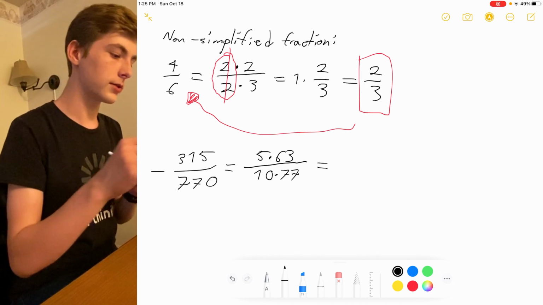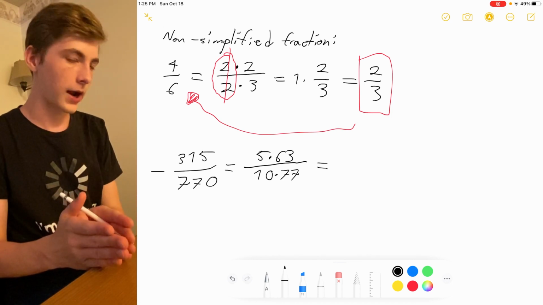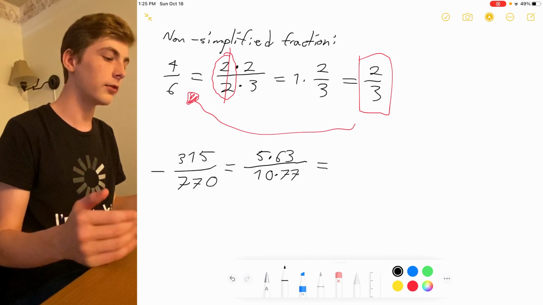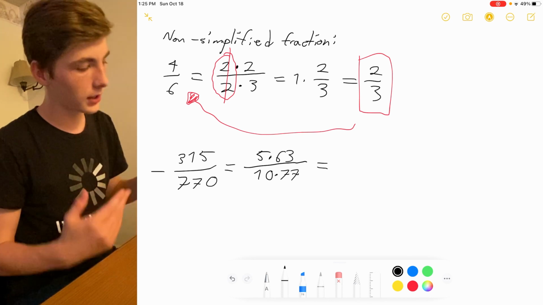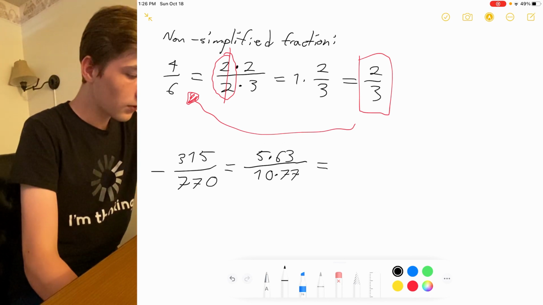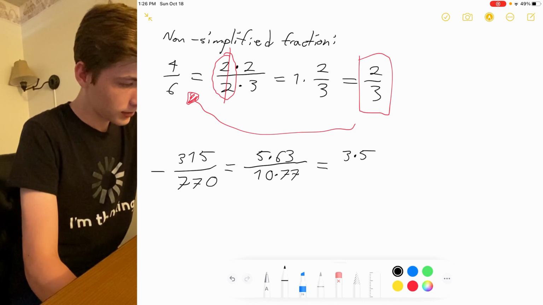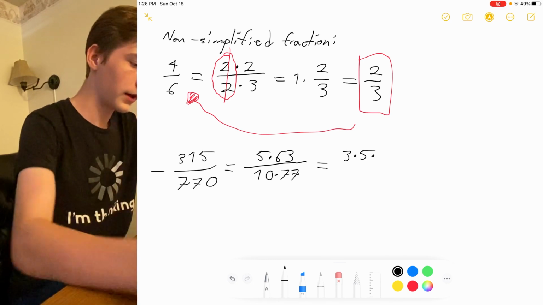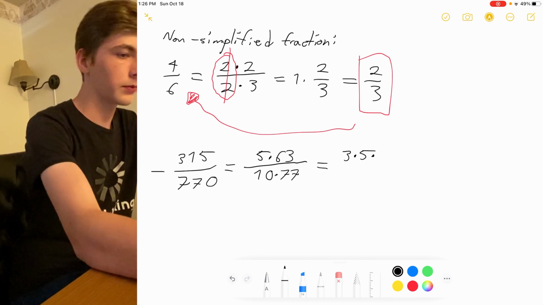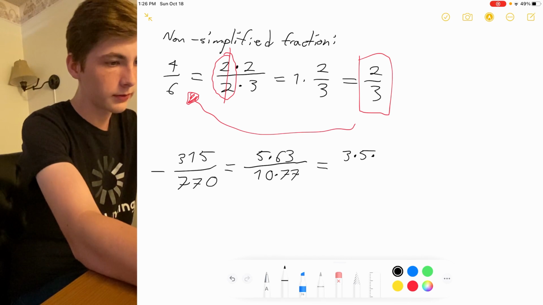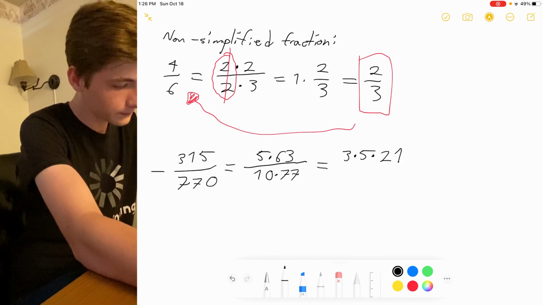We know that because if all the digits in the number add up to something divisible by 3, then the entire number is divisible by 3. 6 plus 3 is 9. So what happens if we divide 63 by 3? We're going to get 3 times 5 times, and actually we could have divided by 9, which is 3 times 3, but we'll just divide by 3 for now. That's 21.